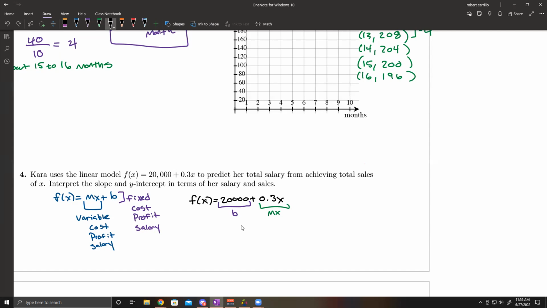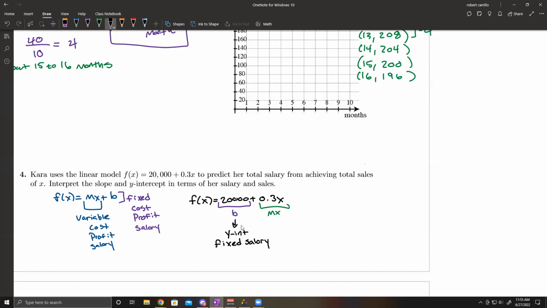So B, which is the y-intercept, is also known as the fixed salary. If she makes no sales at all, she's just hanging out, she's going to make a $20,000 salary no matter what. So that is her fixed salary.